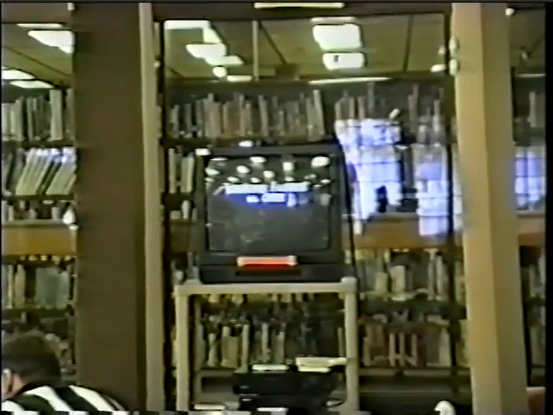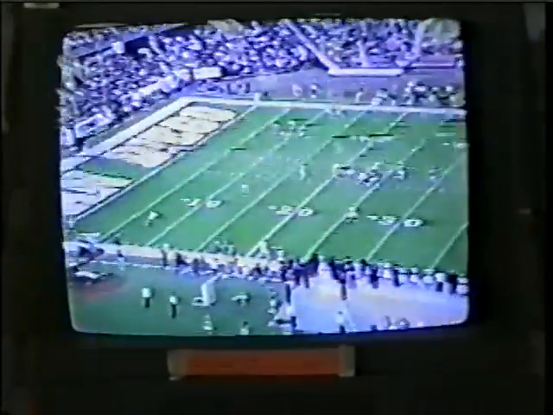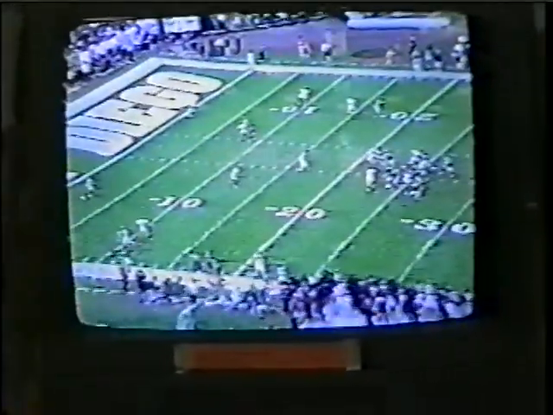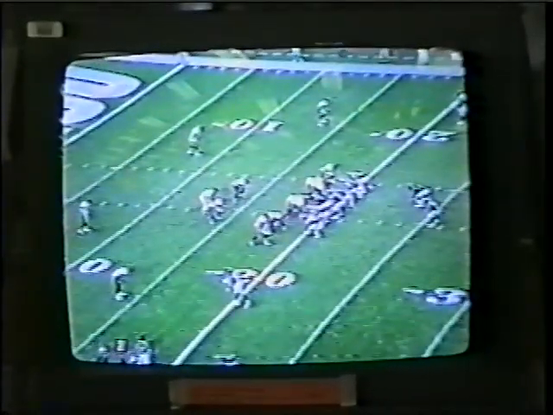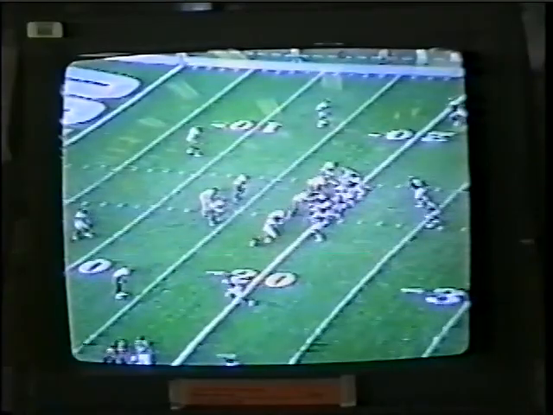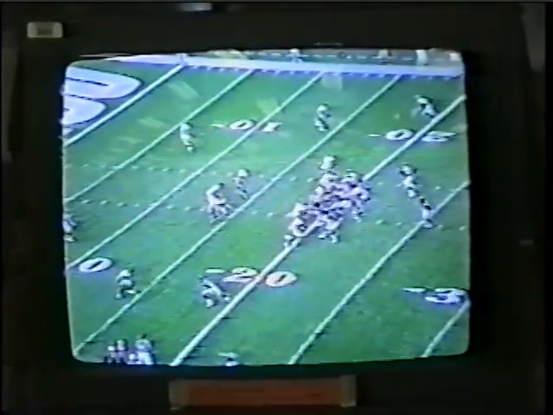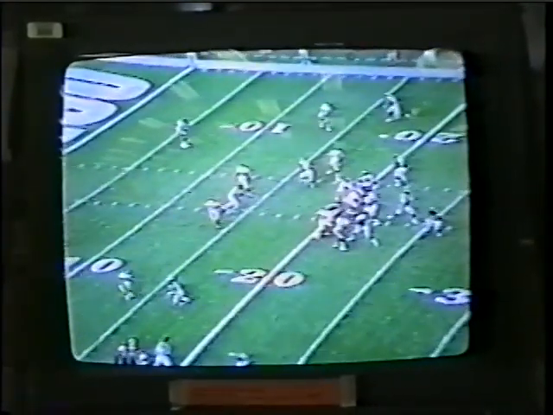Take a look through a couple of these. Okay, they're in a near set, so it's strong left at the top.